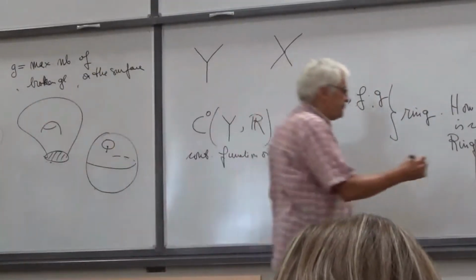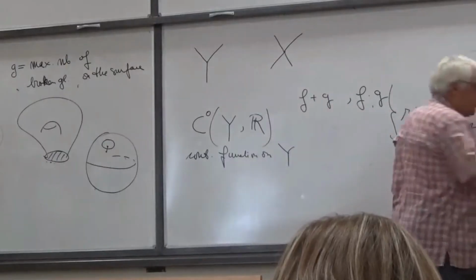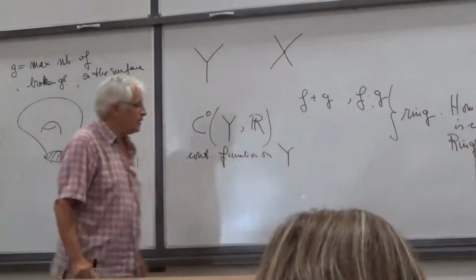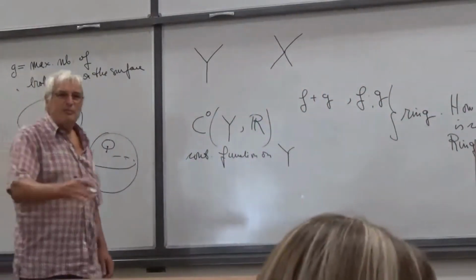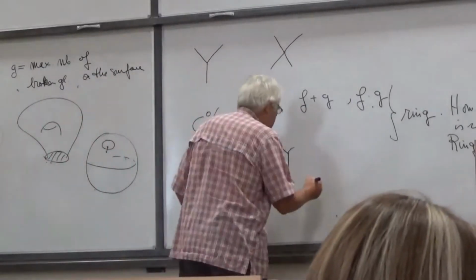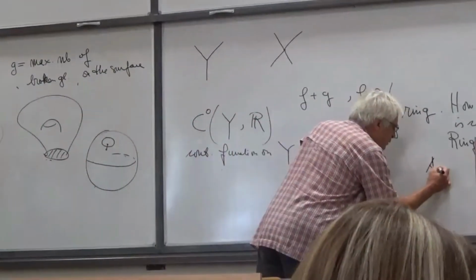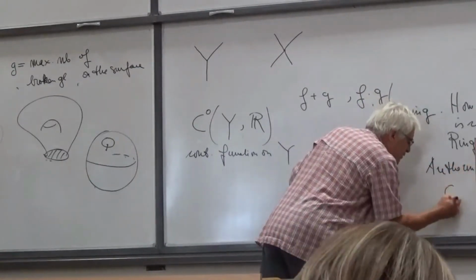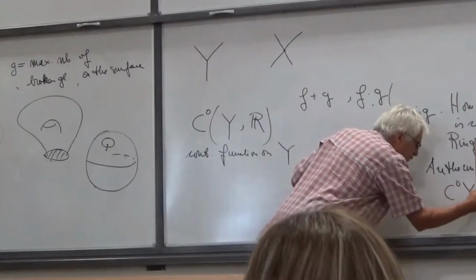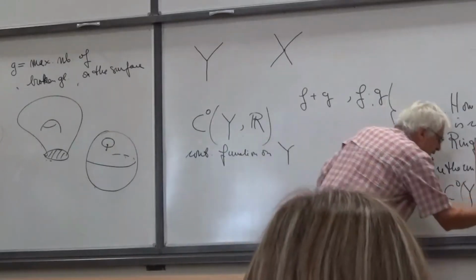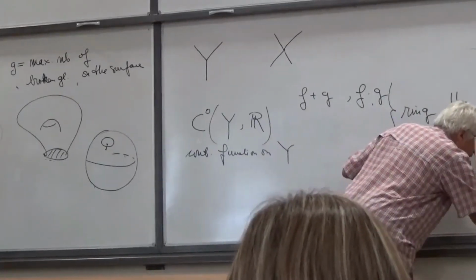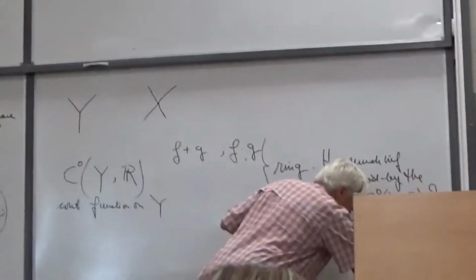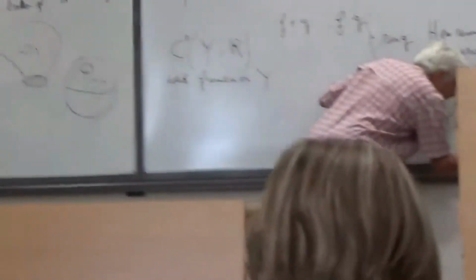Question? It's a slightly simple question: the rings C0 of this space and of the other one, are they isomorphic?